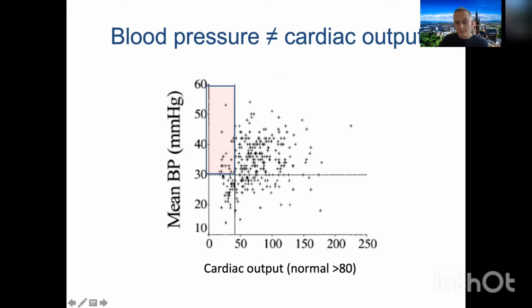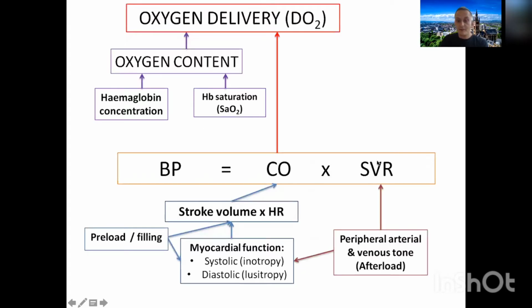And what's important, particularly about this segment in the top left in pink, is that in these babies, if we only looked at blood pressure alone, we would not necessarily identify that they had an abnormal cardiac output and therefore abnormal oxygen delivery. And of course, the reason why they have a normal blood pressure but a low cardiac output, if we go back to the previous slide, is because they almost certainly have an elevated systemic vascular resistance.